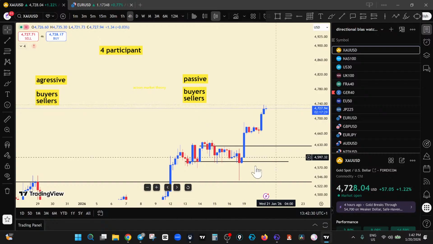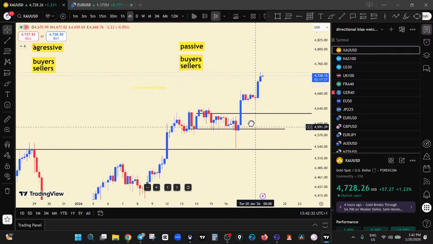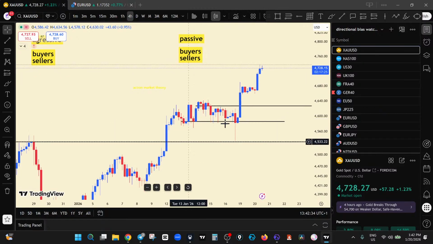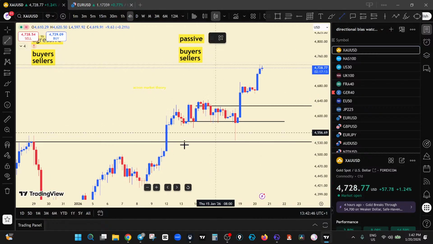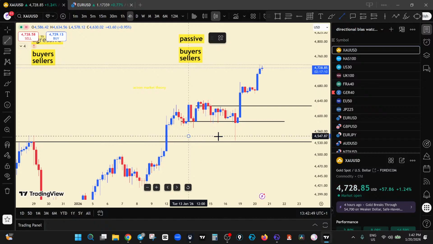For example, if I place a limit order, maybe when price was here, instead of taking the trade as an aggressive buyer, I simply look below and put my limit order at this price.